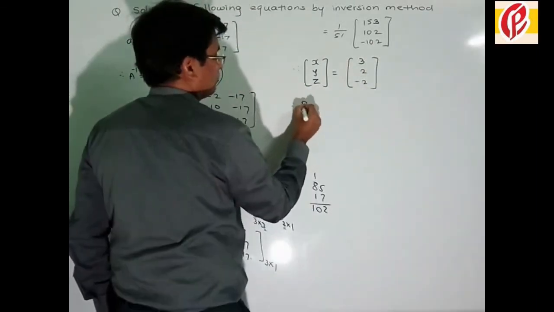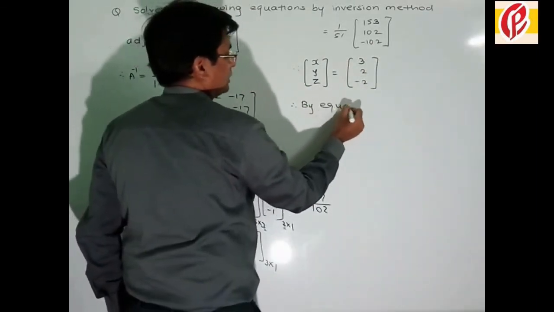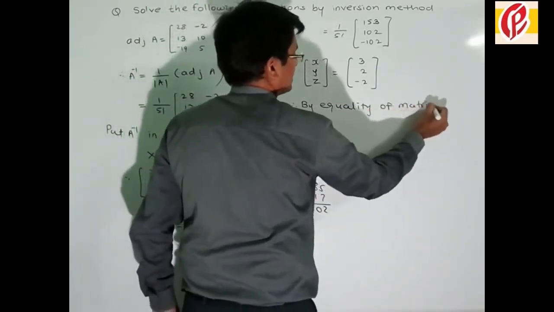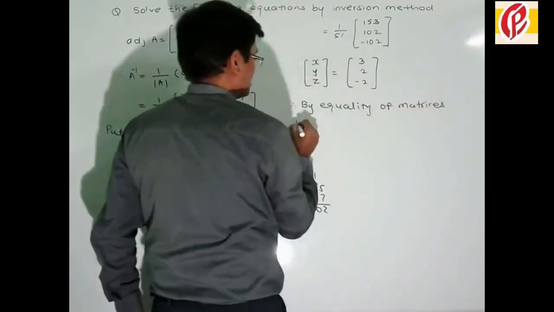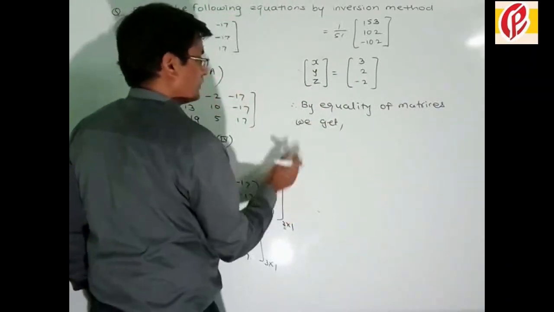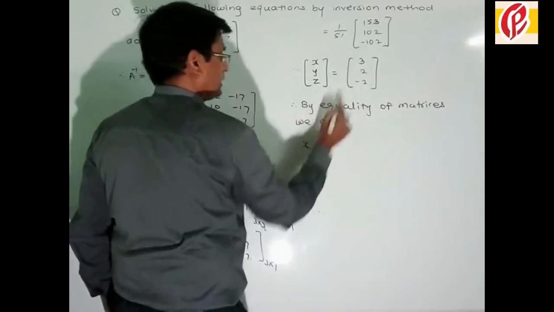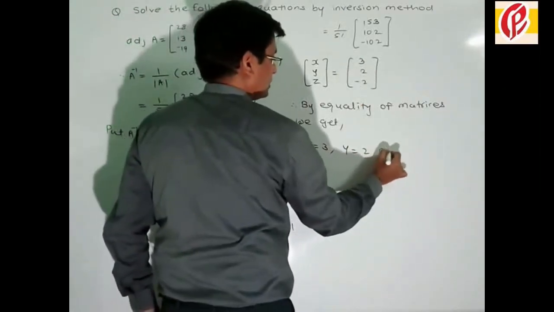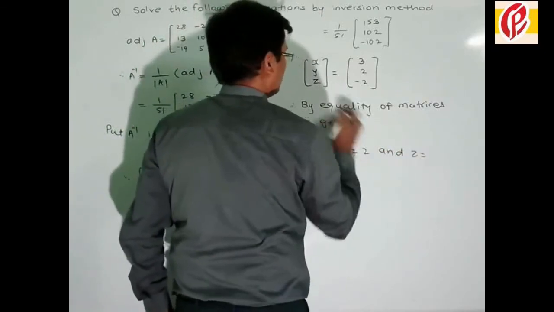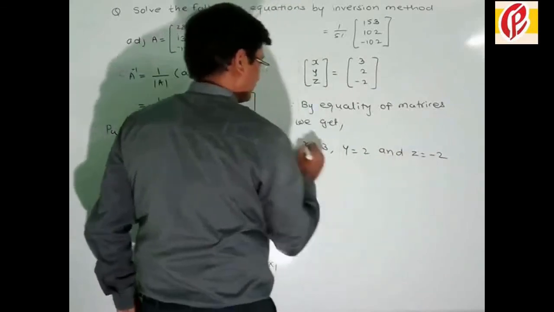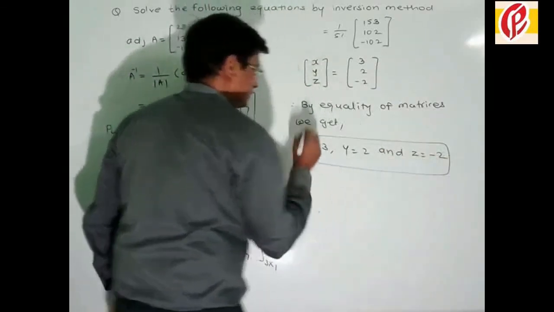Therefore by equality of matrices, we get x is equal to 3, y is equal to 2 and z is equal to minus 2. This is the solution.